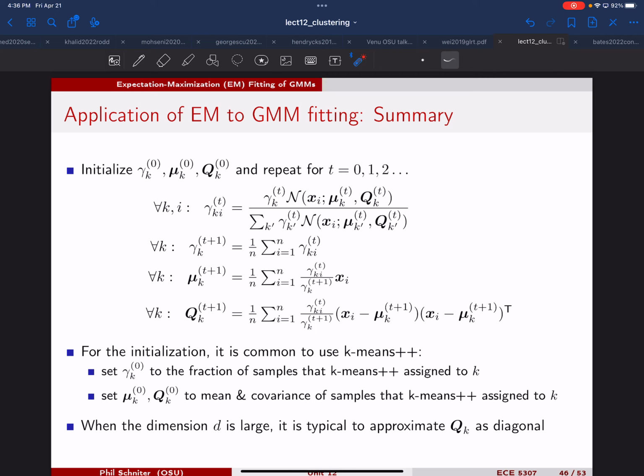So if you look at what fraction of points were assigned to K, that's a good initialization for these probabilities. Because remember, these are basically like the elements of the PMF of kappa. So for cluster K equals 1, maybe 1/10 of my samples landed in that cluster according to k-means plus, so I'm going to set my EM initialization to 0.1 probability that those values land there.